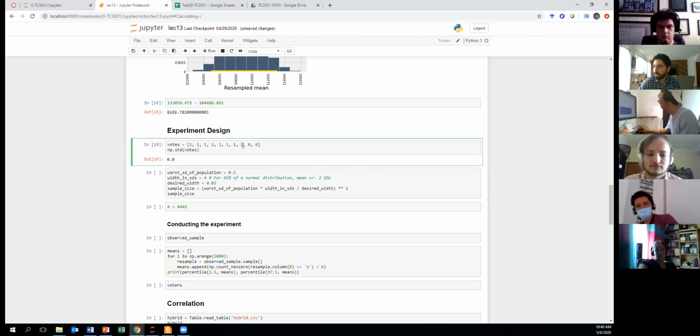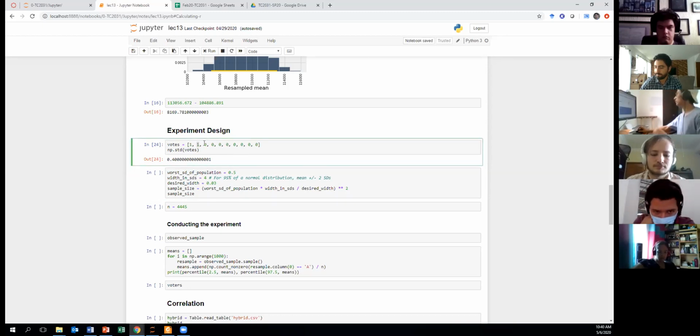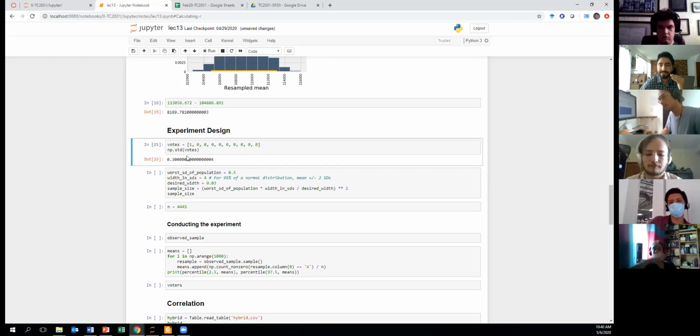So if I go to more people voting for candidate B, less people voting for candidate A, I'm going to get this standard deviation. Let's see, half and half, I'm going to get 0.5. I'm getting this. What you're observing here is that our standard deviation never went above 0.5, right?